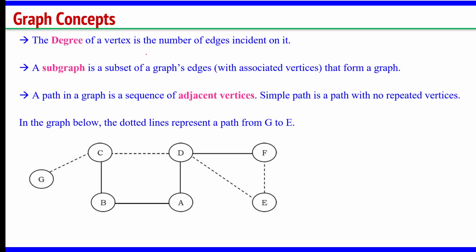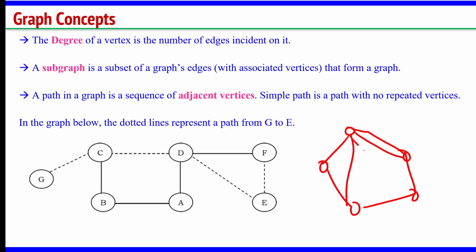Next, degree of a vertex. So given a graph, for example, you have something like this. What is the degree of a vertex? Degree is the number of edges incident on it. So for this node A, the degree will be 1, 2, 3, 4, 5.